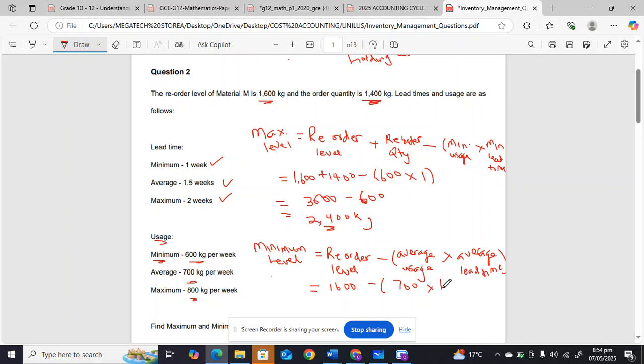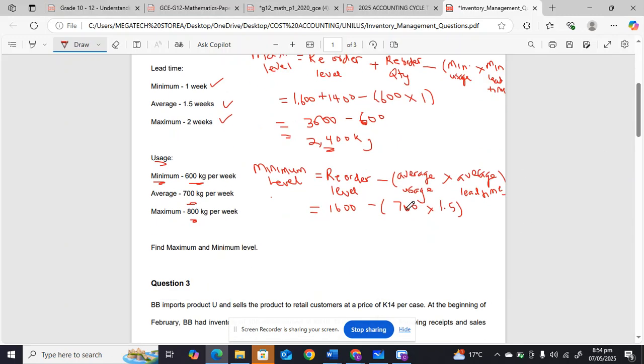So what is 700 times 1.5? 1,050 kg. So this is the amount that we subtract.